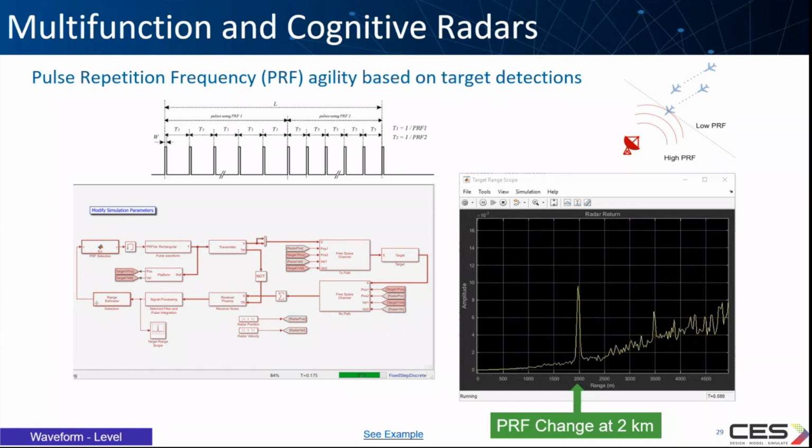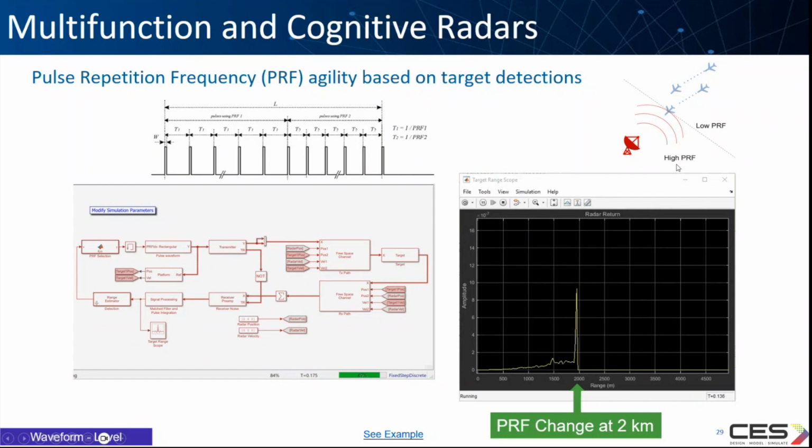These examples that are available under or shipped with MATLAB and Simulink and some other toolboxes show the integration of these different techniques into multifunction radar. So you can use the pulse repetition frequency, change it or adjust it based on the environment detections, to simulate how your radar is going to behave and how it's going to be able to detect with different PRFs.